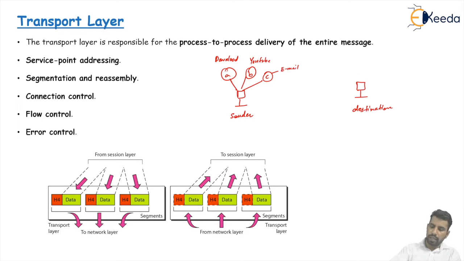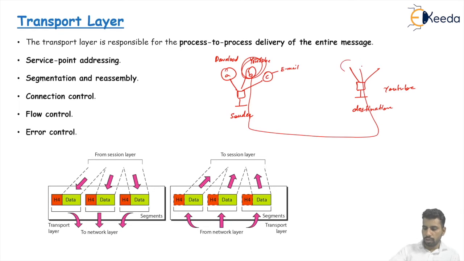Okay, and at the destination, this is for example the YouTube server. You're browsing a movie, so this is your process. At YouTube, a video is playing on your laptop or computer, and this video is fetched from the Google server. This is also a process in the YouTube server or Google server, if you are using any service from Google. Okay, so that means a process.